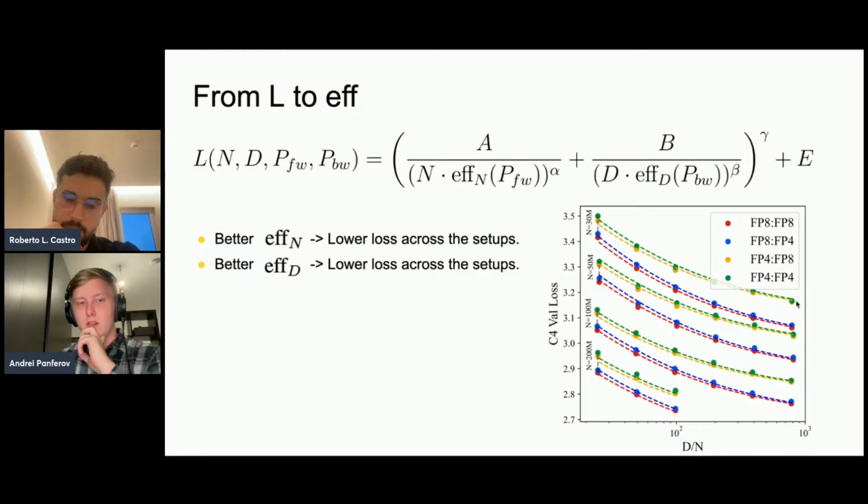And as such, from comparing for a single setup, we can now compare for a whole family of models trained for different durations.